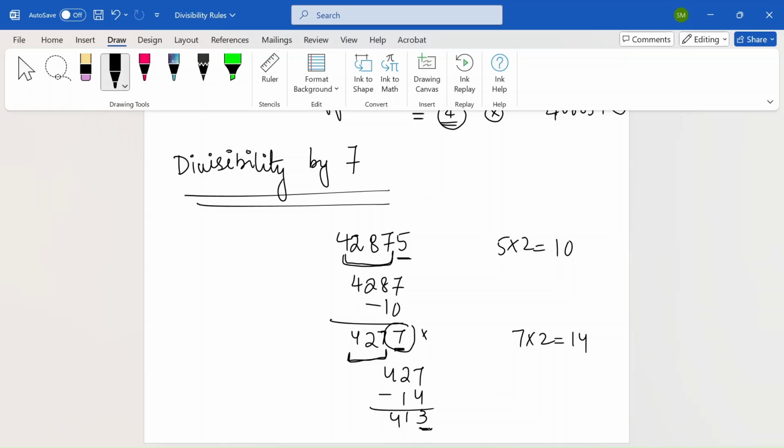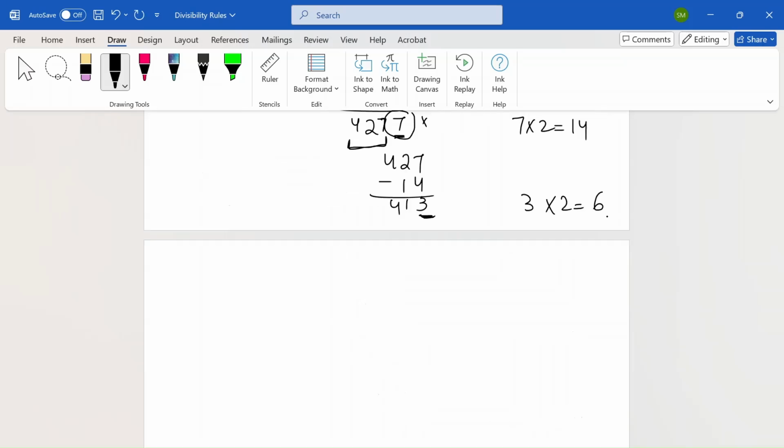Now, again, take the last digit and double it. 3 twos are 6 and subtract from the remaining number. So as we subtract 6 from the remaining number, 41, what is it? 35. So as I can see that 35 is clearly divisible by 7.